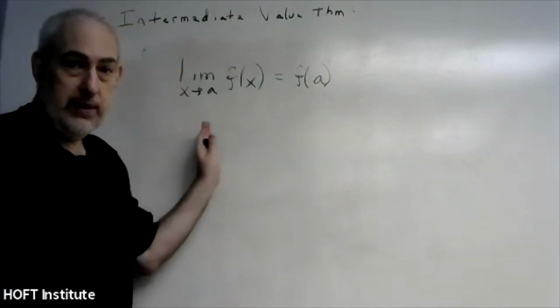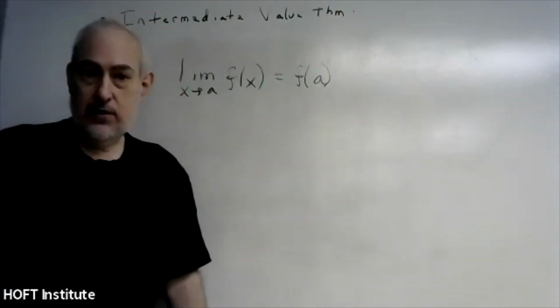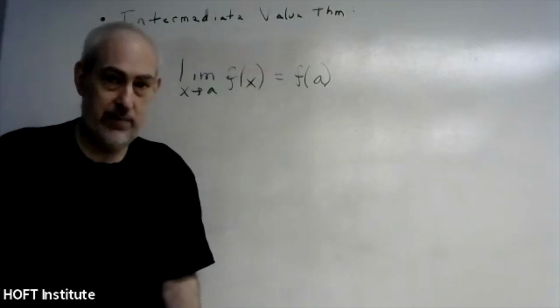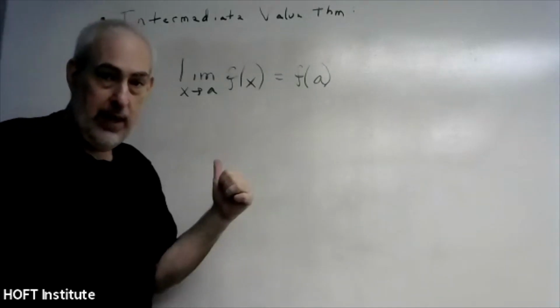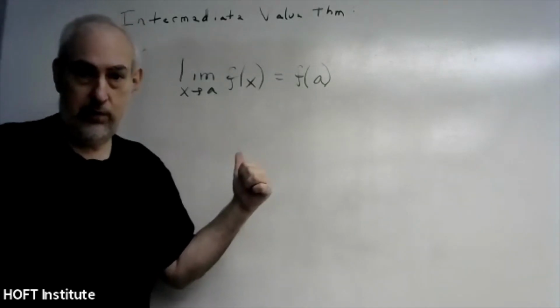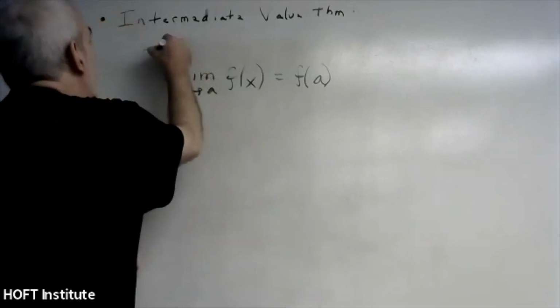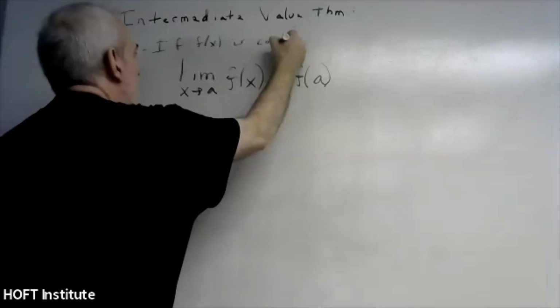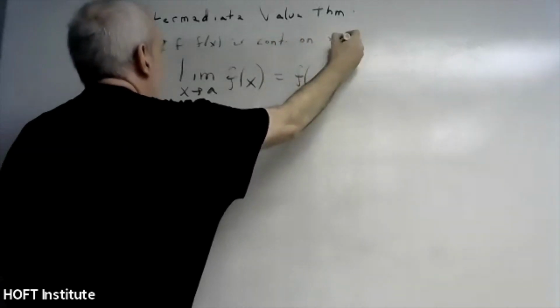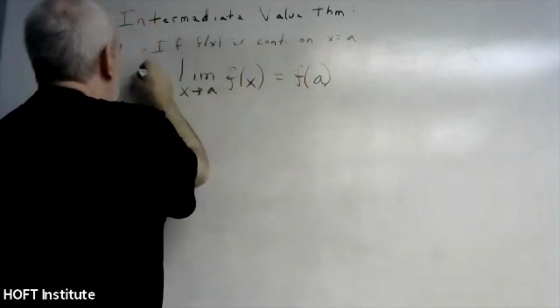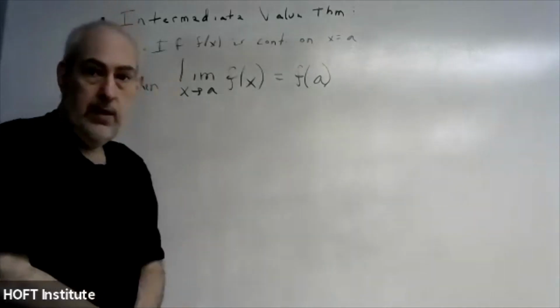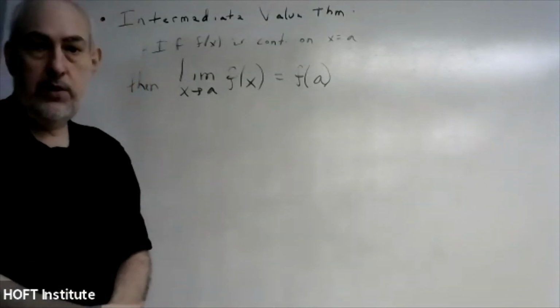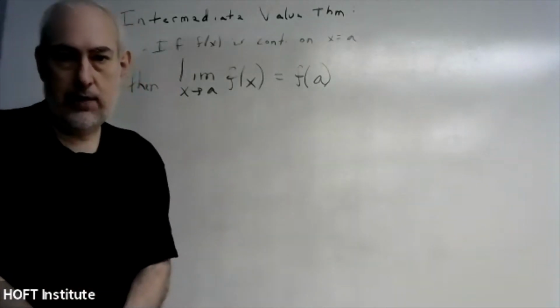So you can just plug in a into your function and you get your answer right back out for your limit. Now this only applies to continuous functions. So if f of x is continuous at x equals a, then there is the value of the limit. You can just plug in a and you get your answer.